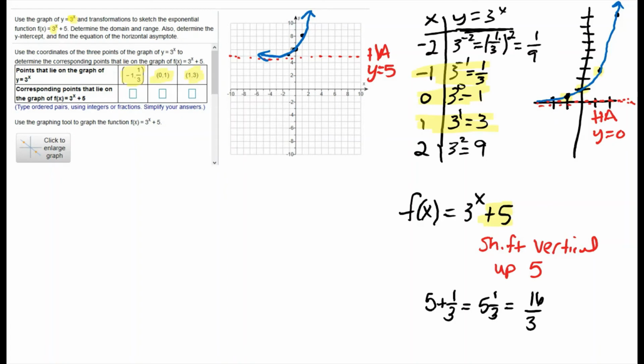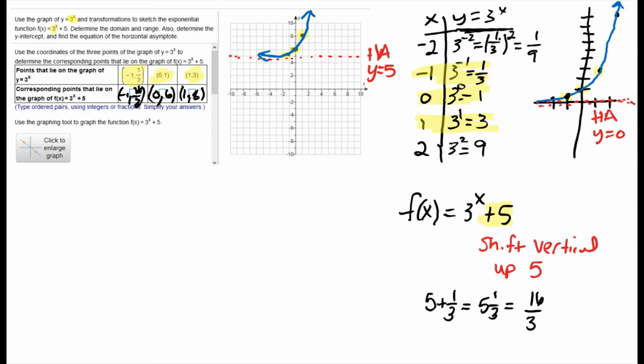And we showed where those points moved. Those points moved up five spaces. So this 1 moved up to a 6. The 3 moved up to an 8. And the 1/3 went to 5 1/3, or 16/3.